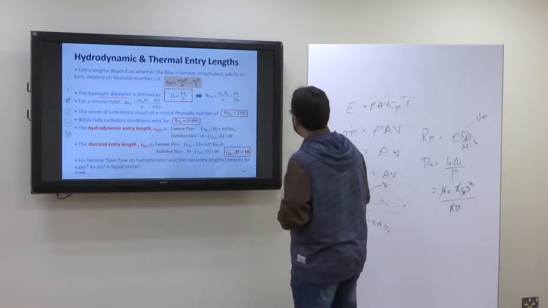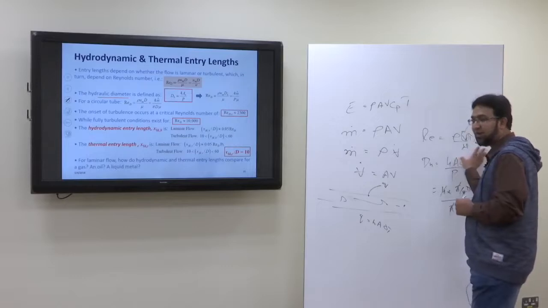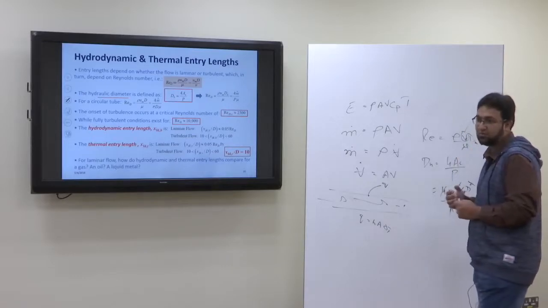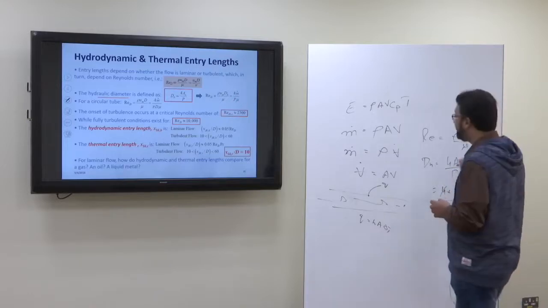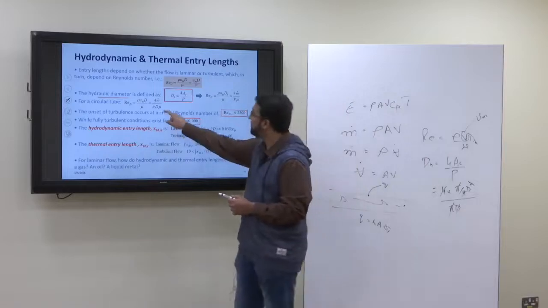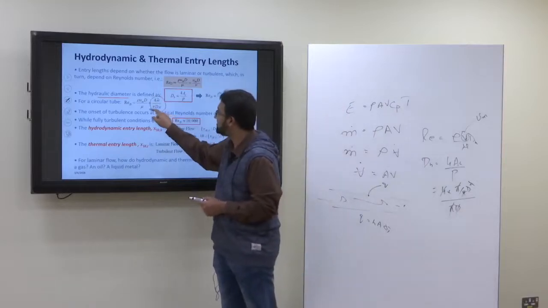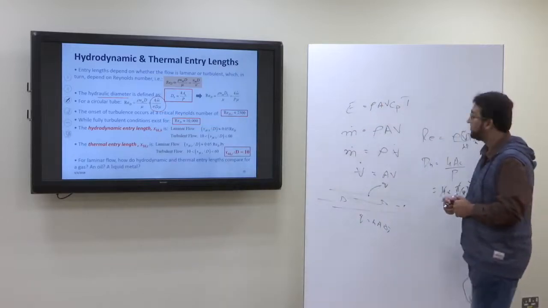Reynolds number. It's the same formula, but we can write it in terms of the mass flow rate as well. For a circular pipe, if we write the Reynolds number in terms of the mass flow rate, it will come out to be 4 m dot over pi D mu. Can you prove it?